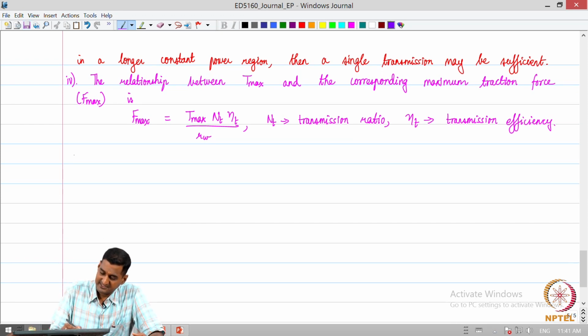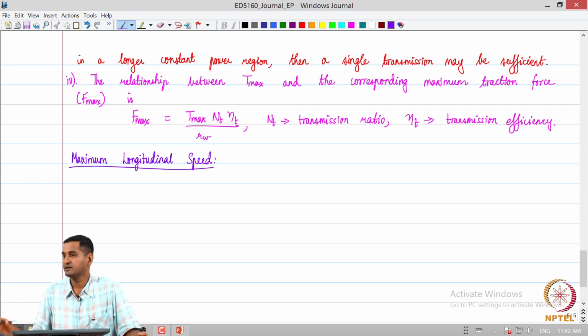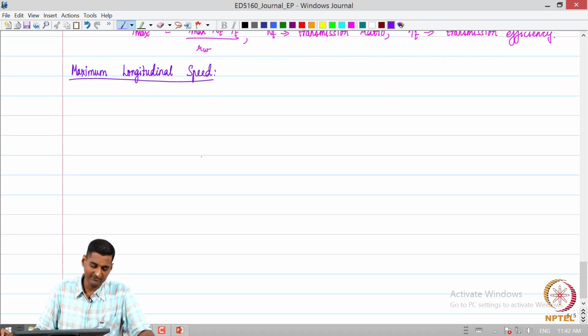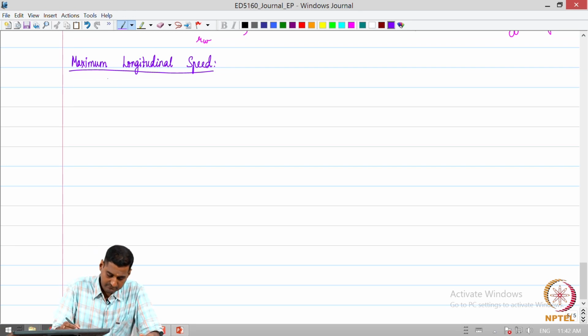So, now let us look at various performance requirements from the vehicle's perspective and see how we can obtain the ratings for the motor based on what we have learned. So, maximum vehicle speed.